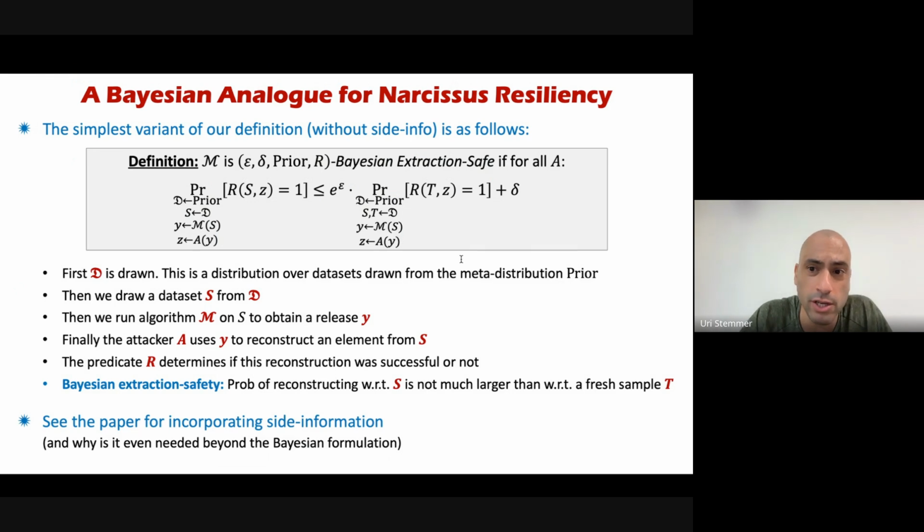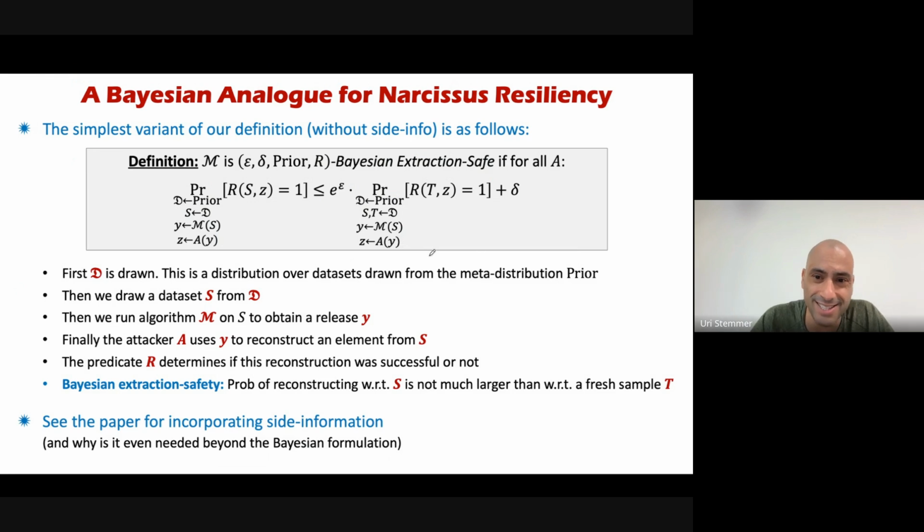And I'll just mention here that this is not the final definition in our paper, because this definition does not yet allow us to take into account additional side information that the attacker might have. But I'm not going to talk about it here. You could either see the paper if you're interested, or come see me and talk about it at the conference.